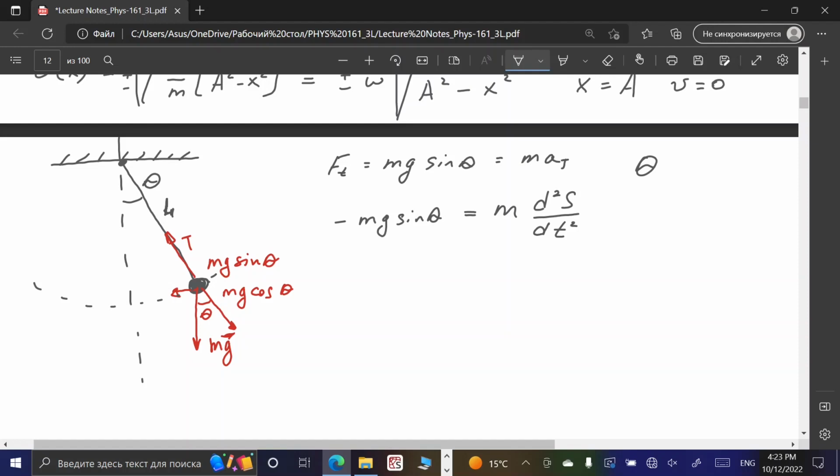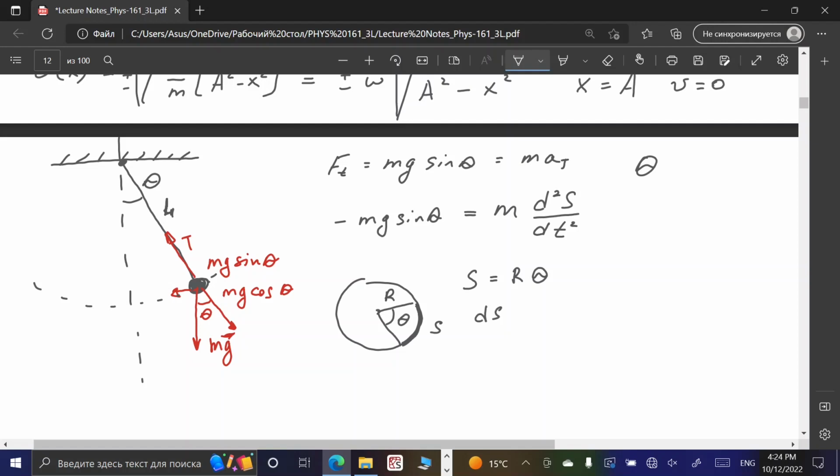So let us recall how we deal with the length of a segment of a circle. When we have some angle theta, and here is the radius, the length of the segment will be equal to radius times theta in radians. So here we deal with the length of the pendulum.